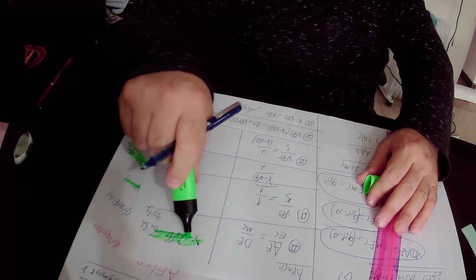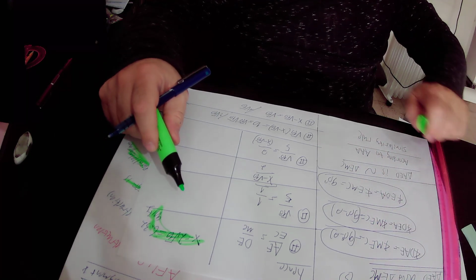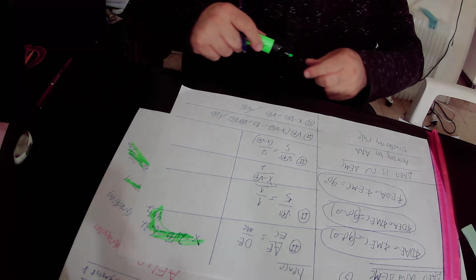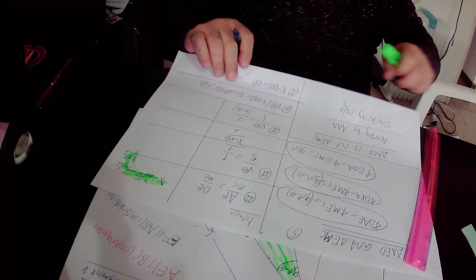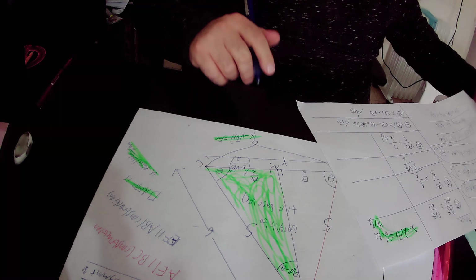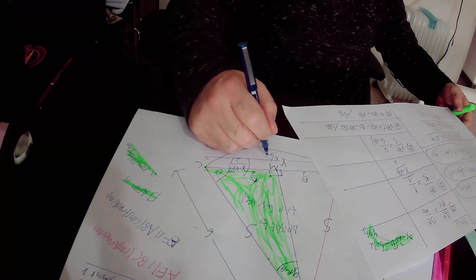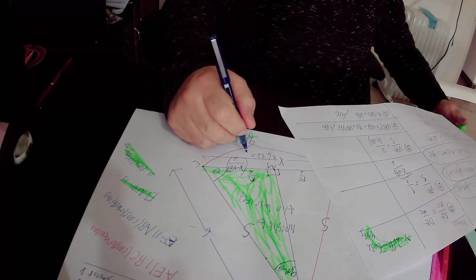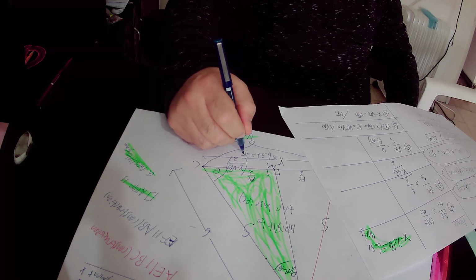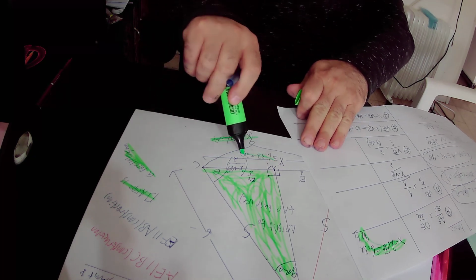I'll repeat again, we found out that the length of line segment x equals 2 times square root of 10 units, or in terms of numbers it is equal to 6.32 units. This is the answer to the question.